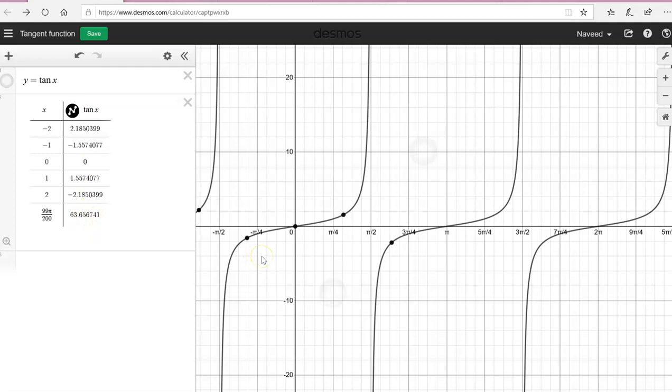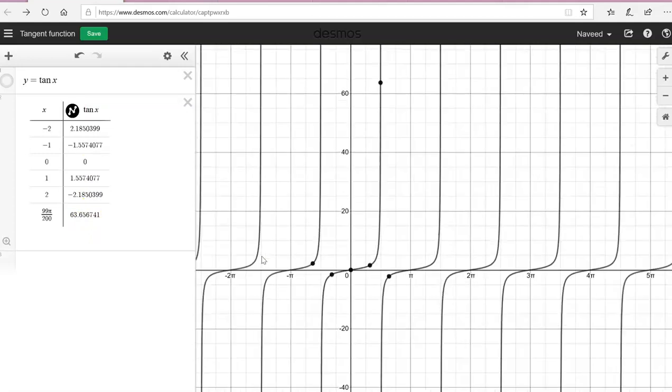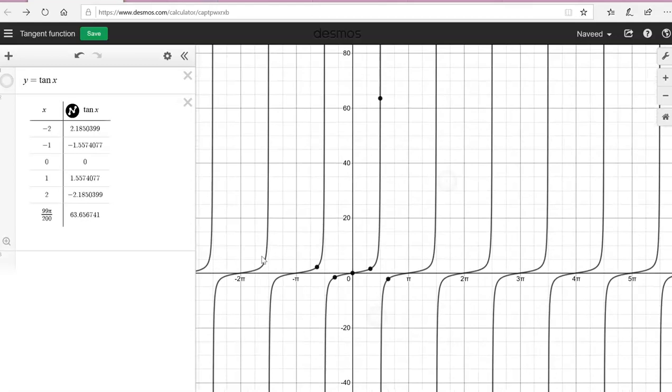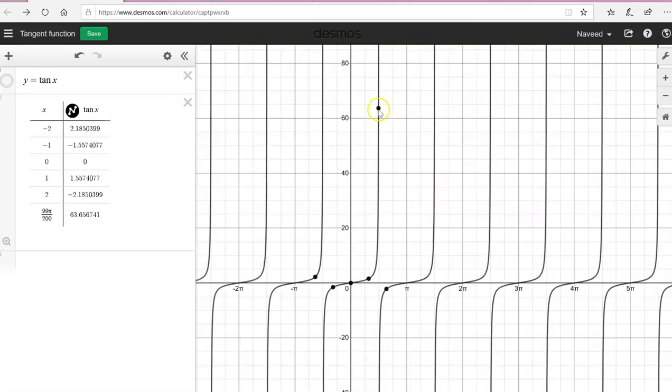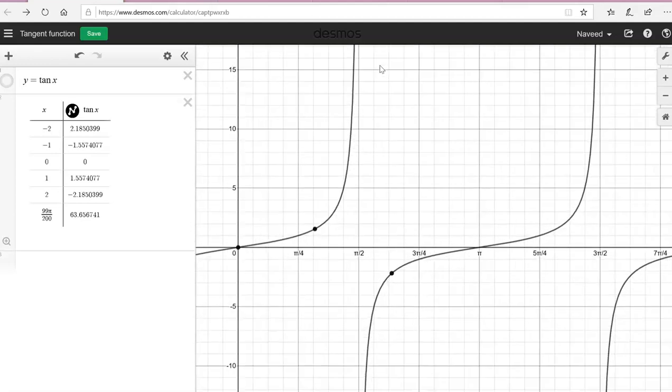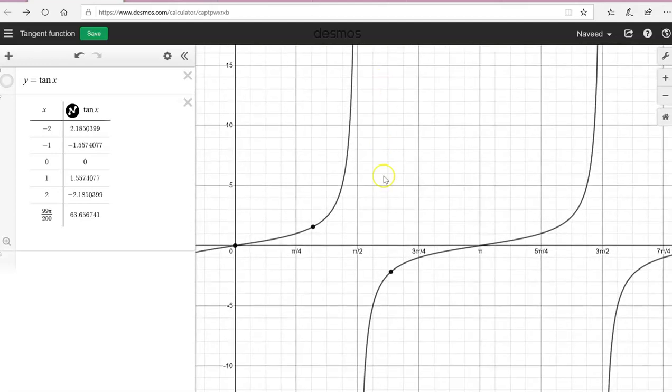So if I zoom out, you notice that right up here is the point 63.65, and it continues going up the graph, because it is becoming asymptotic and close to pi over 2, without really touching pi over 2, or in this case 3 pi over 2, and of course all of the other repeated asymptotes.